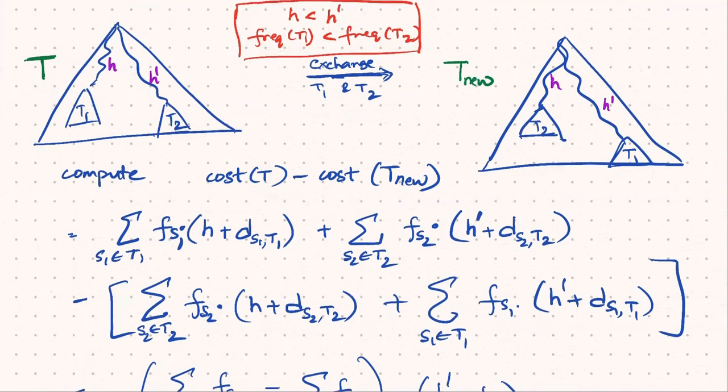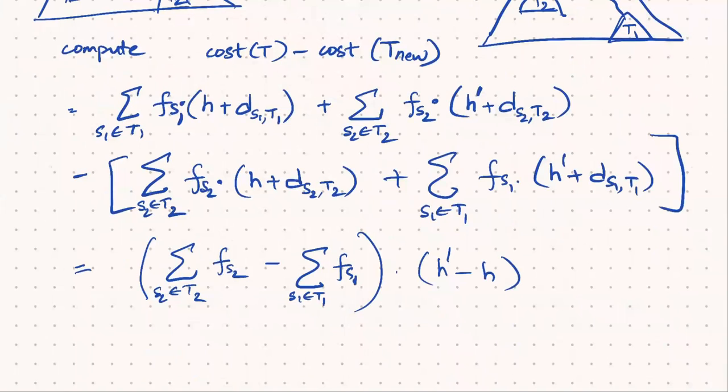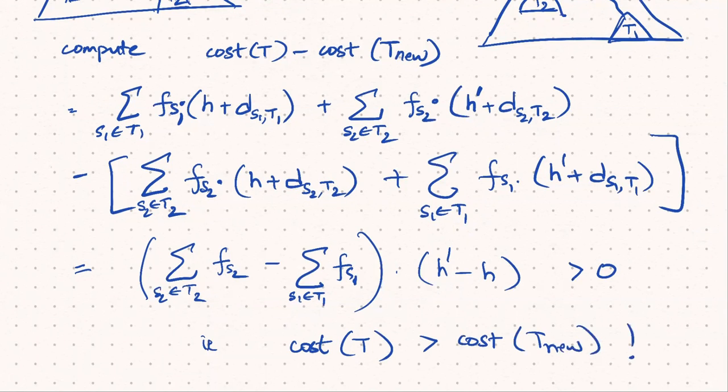So what can we observe? We observe that this product is positive. In other words, what we are saying is that the cost of T is greater than the cost of T new. And that is a crucial observation.